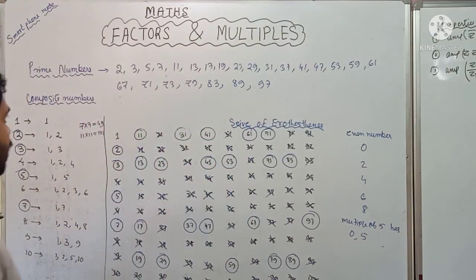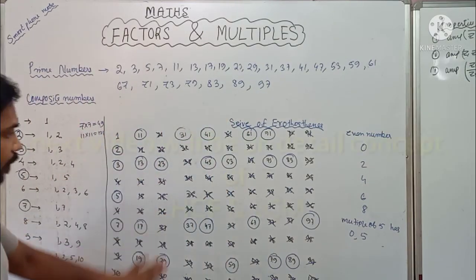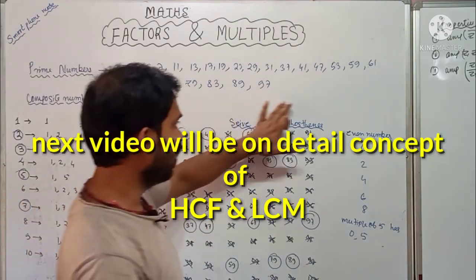So you see these are 25 prime numbers which we have collected from 1 to 100.